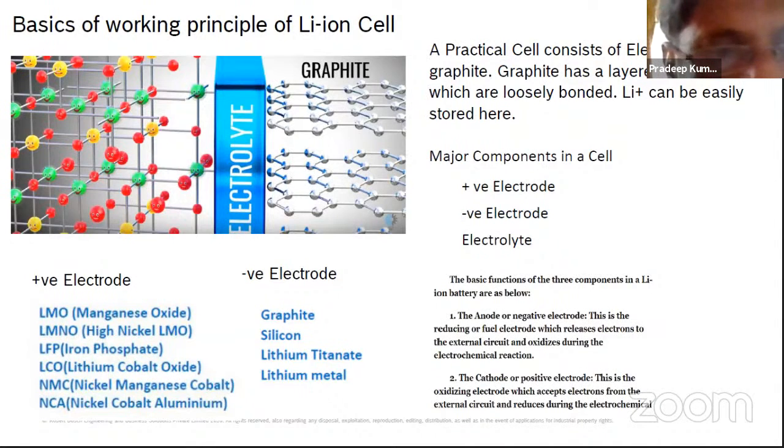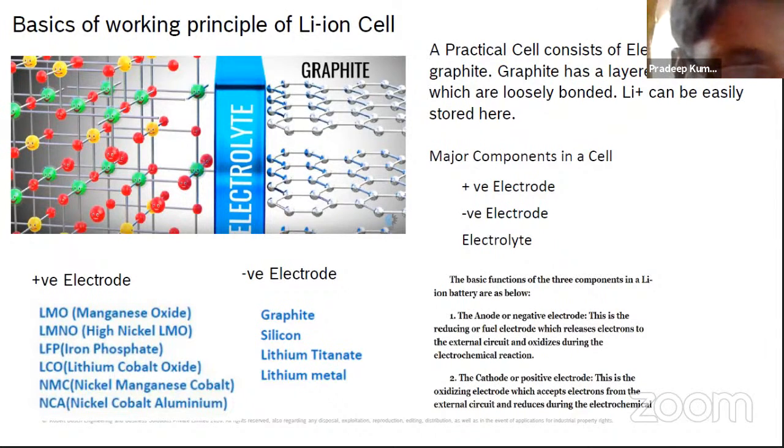Very briefly, you can see why lithium-ion: because lithium has a free electron which is loosely bonded, and you have the lithium in oxide format, such as manganese oxide, LMO. Depending upon which one is used as the positive electrode, the battery chemistry changes. So we call them LFP, LMO, LMNO, LCO, NMC, NCA. Some of these chemistries are used for our laptops and cameras.